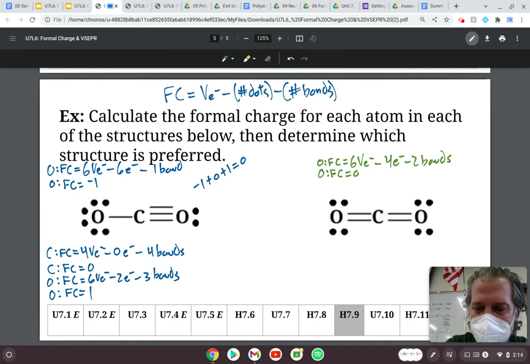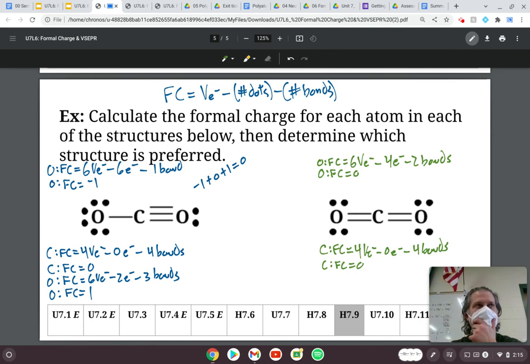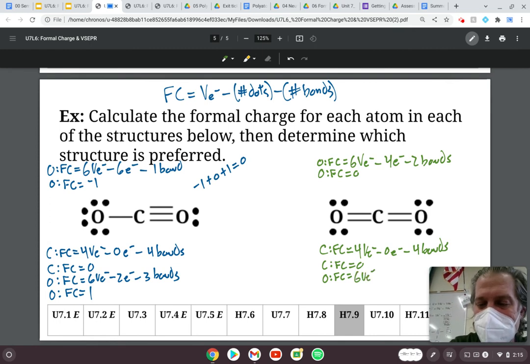Moving along to the carbon. Carbon's formal charge, in this case, carbon has 4 valence electrons, minus the dots, which is 0 electrons, minus the bonds, which is 4 bonds. So carbon's formal charge in this case is going to be 0. 4 minus 4. Lastly, the oxygen on the right-hand side. Oxygen has 6 valence electrons, minus the dots, which is 4 dots, so 4 electrons, minus the bonds, which is 2 bonds.